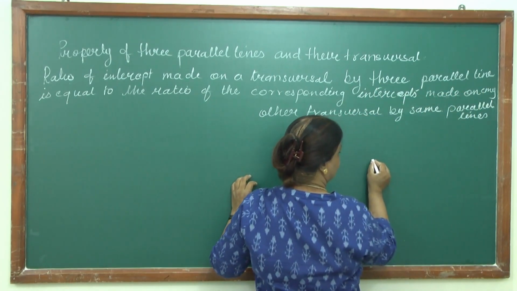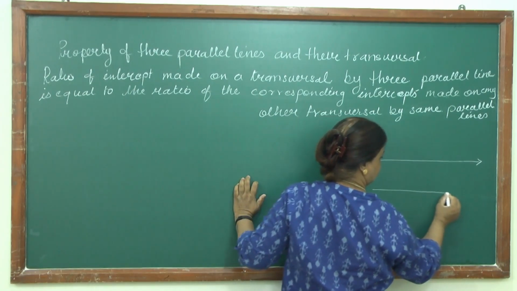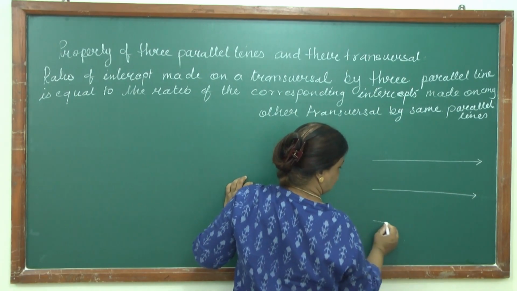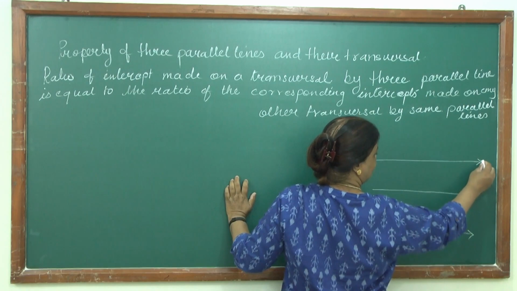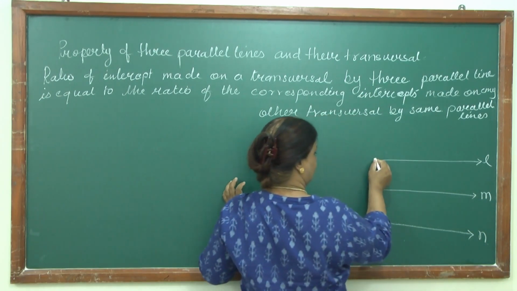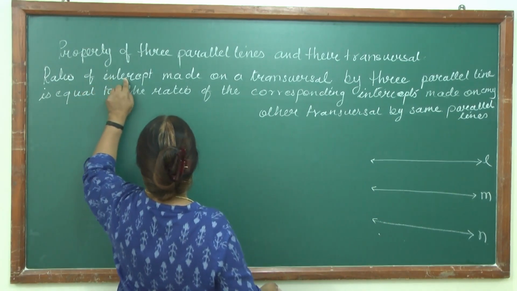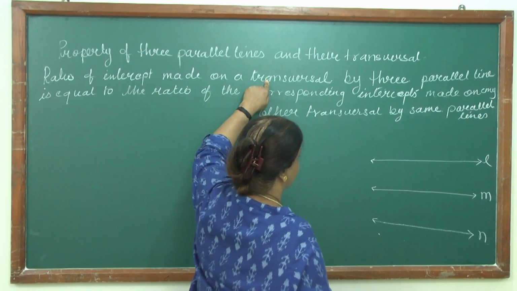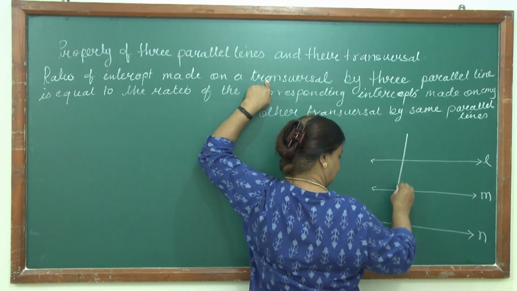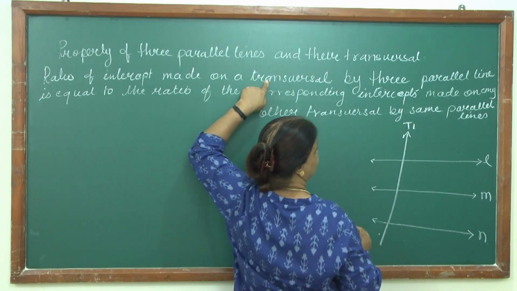Now we will be proving this ratio of the intercept made on a transversal by three parallel lines. So I will draw three parallel lines, children. You have seen in the activity. These are the three parallel lines L, M, N, and for a transversal, let me draw a transversal here, and this transversal is T1.